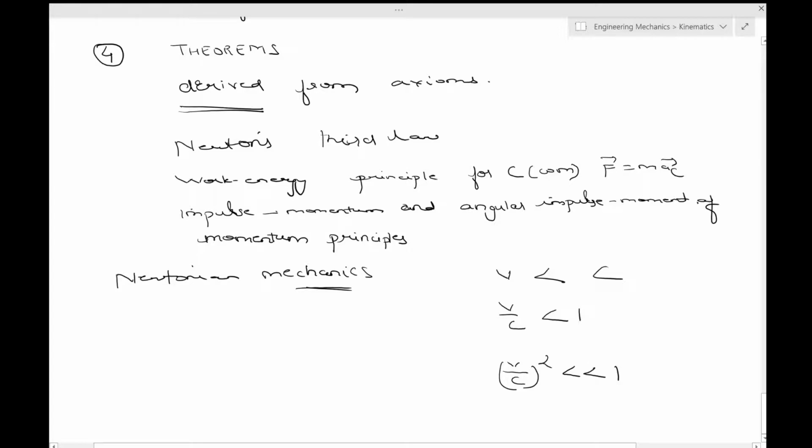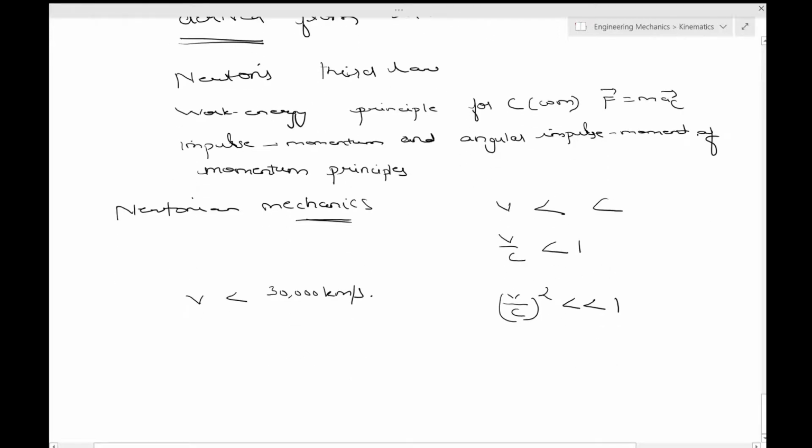So unless you have speeds which are, say, more than 30,000 kilometers per second, you can go with Newtonian mechanics. If you are dealing with velocities which are much higher, then you have to go for the so-called relativistic mechanics.